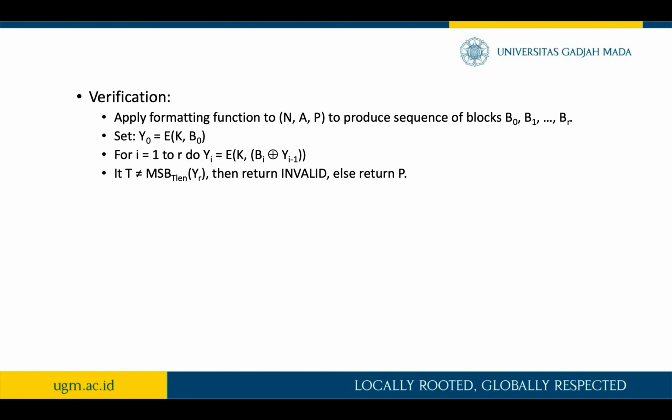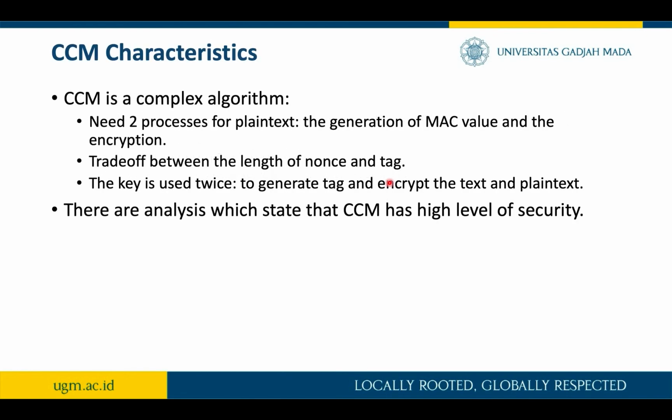Return P. Okay. Several characteristics of CCM. You can see it is a complex algorithm because we need two processes for the plain text, for the generation of the MAC value and for the encryption.